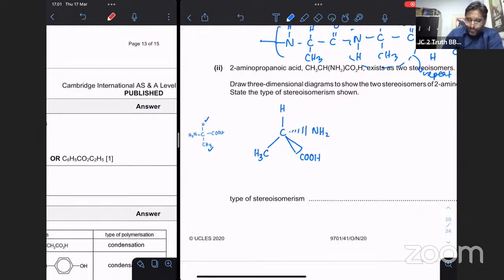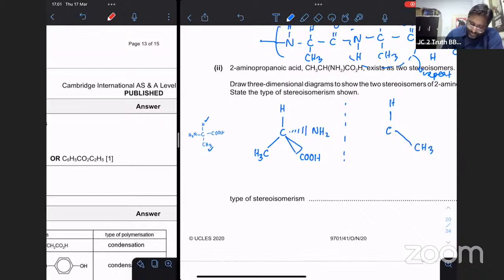So when you draw the mirror image, you can just put C, H, this one line, just follow the mirror. Just go here, then CH3.